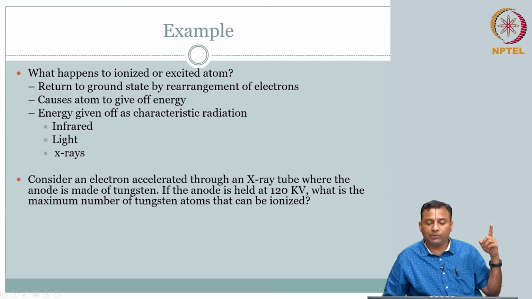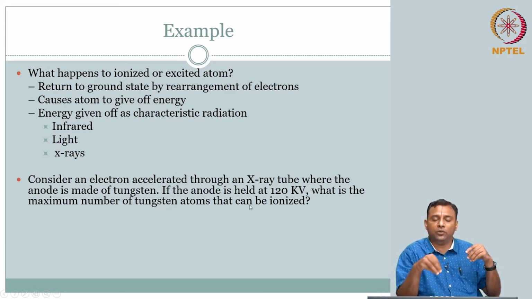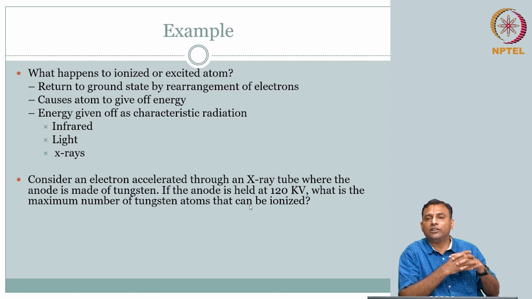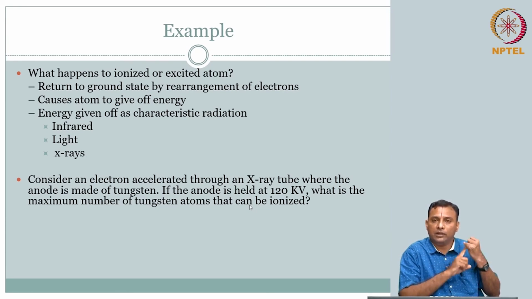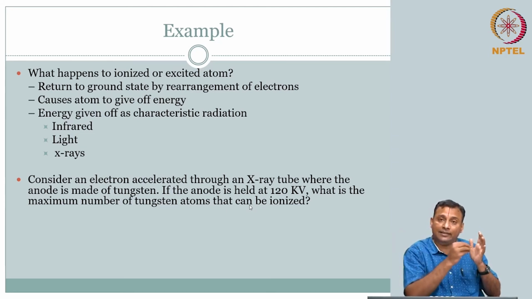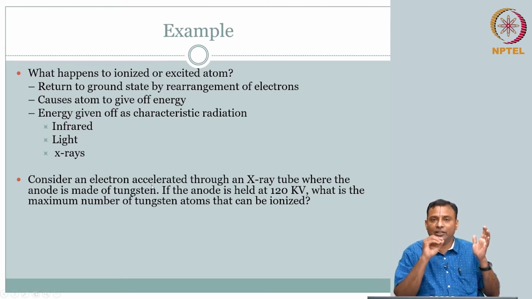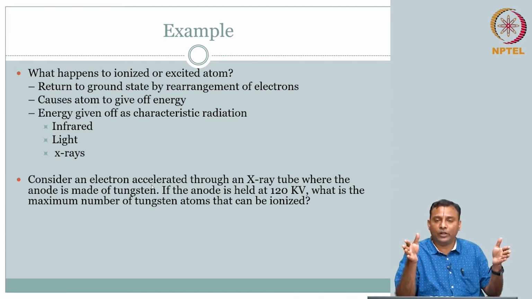So, what is the maximum number of tungsten atoms that can be ionized? Now in some sense we are putting all the terminologies together. If you have to answer this question, what do you need to know? I need to know the energy that is hitting the tungsten, the kinetic energy obtained by this electron dropped across 120 kilovolts.